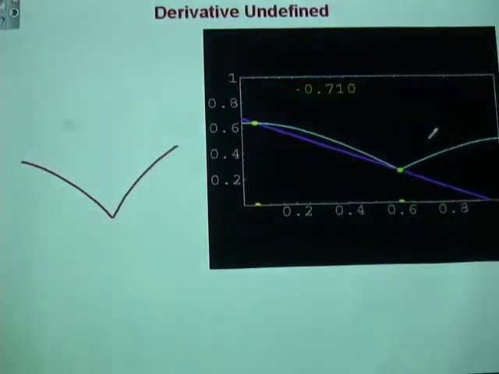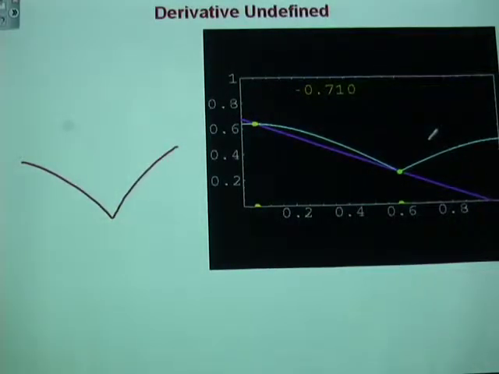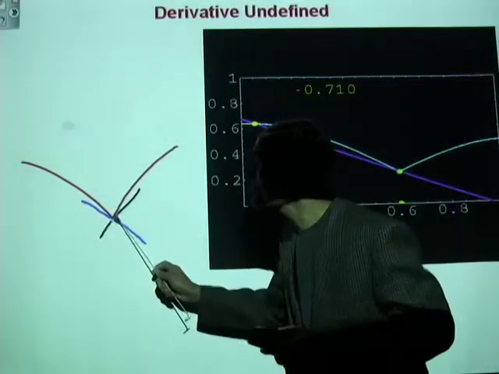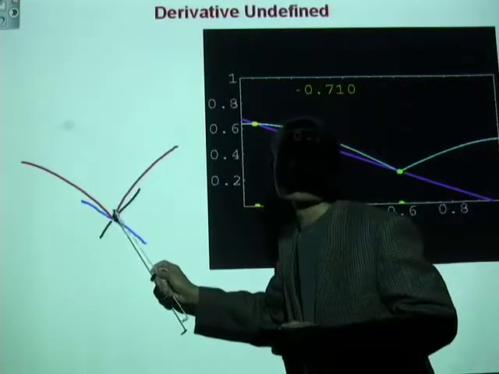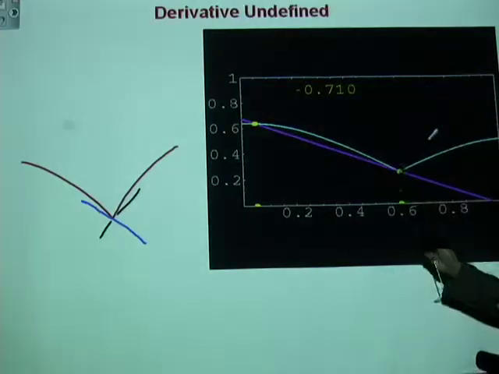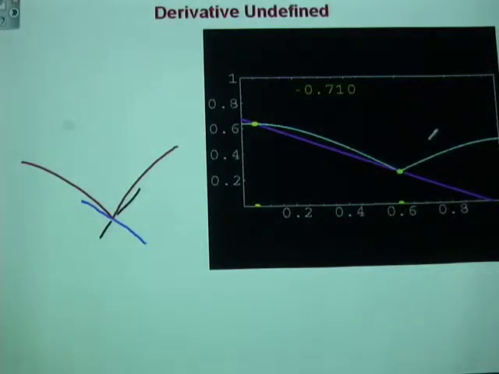And the slope of those two tangent lines are different, isn't it? Yes. Now, the slope of the tangent line here will be different from the slope over there. So you've got two tangent lines at the same point and they have different slopes. Therefore, we say the slope of the tangent line at this point is undefined. That's right.